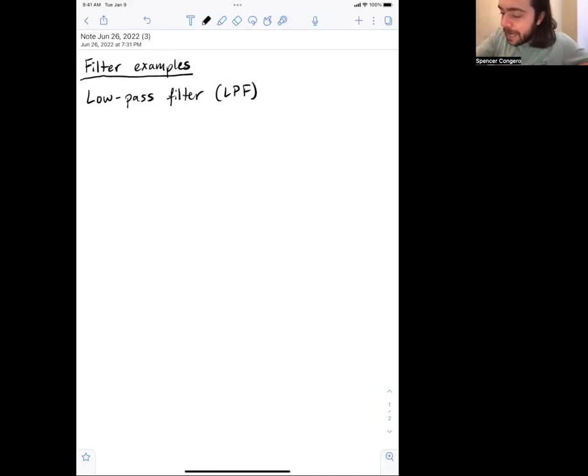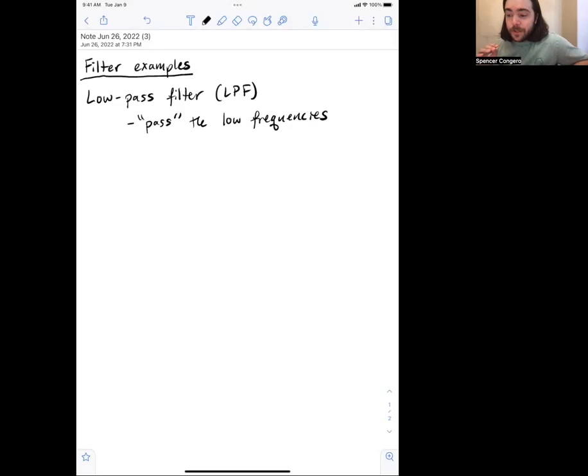It's going to pass the low frequencies, meaning if you put in a sinusoid with an omega value that's relatively low, so close to zero, then this filter is going to let those frequencies through.